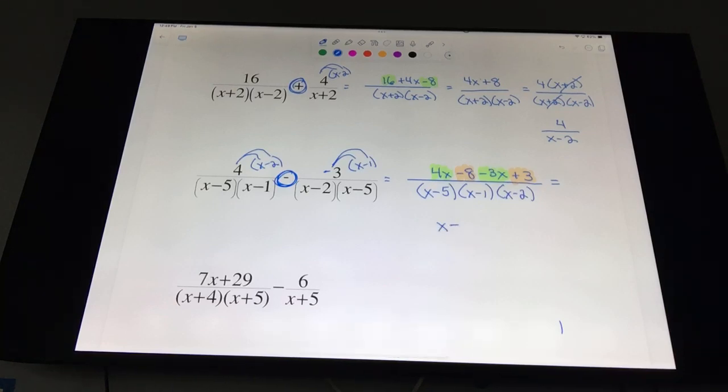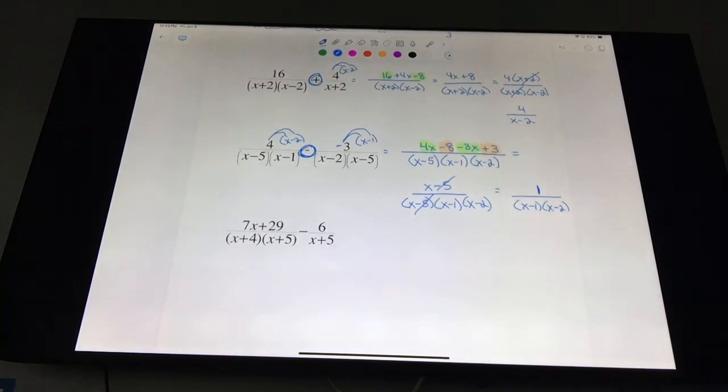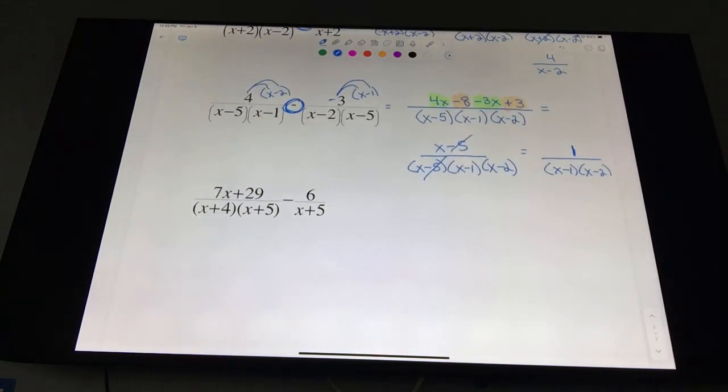Negative 8 plus 3 is negative 5, or minus 5. Factor, which I cannot do. And reduce, which I can do. My x minus 5s will go. Now, there's nothing left in the numerator, so there's an understood 1. That's the end of that.